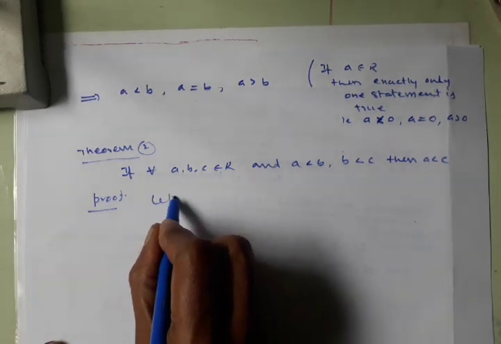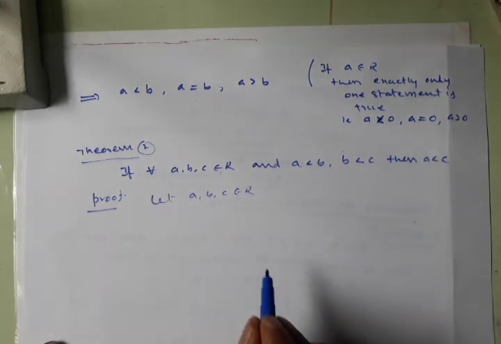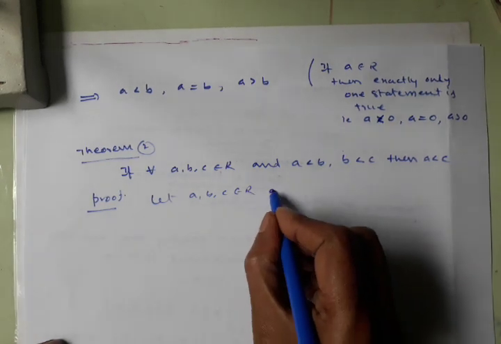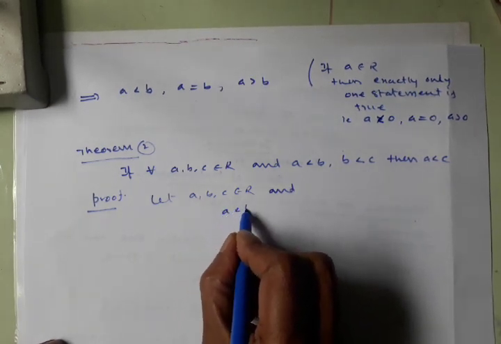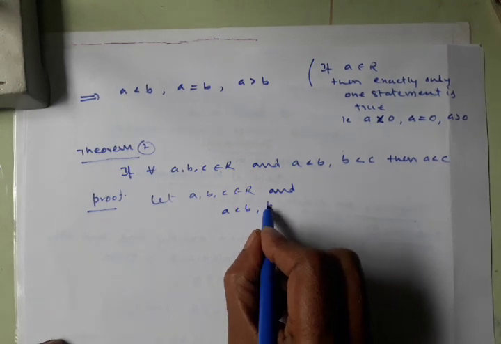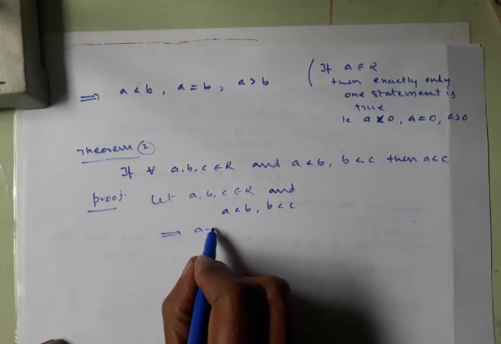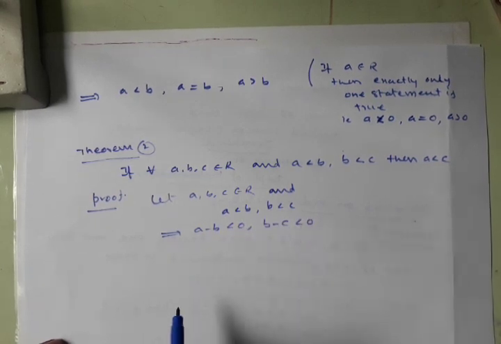Let a, b, c belong to R and a is less than b, b is less than c. This implies a minus b is less than 0, b minus c is less than 0.